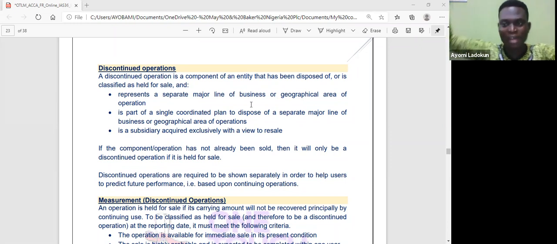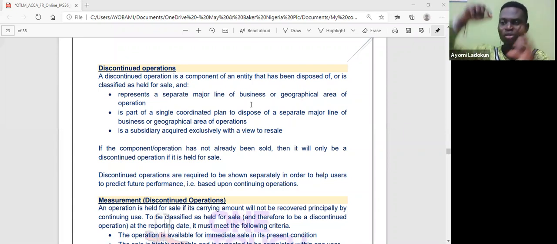On the island, Lekki, Ajah, and all of that. So they have branches, you can call them operations across Lagos, or you have a telecommunication company that is geographically located. For example, you could say North Africa, West Africa. So those are operations, all right?